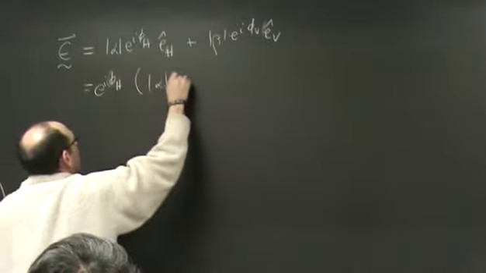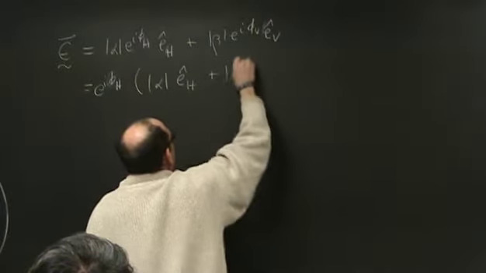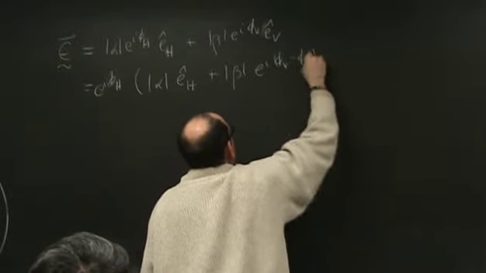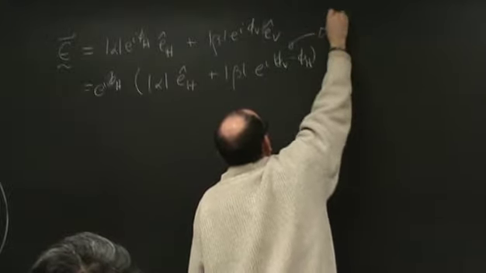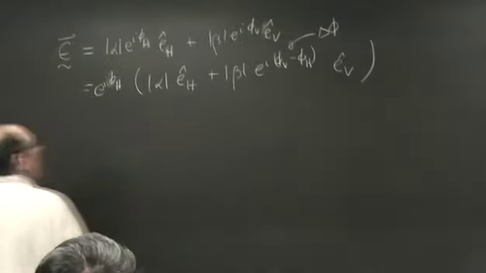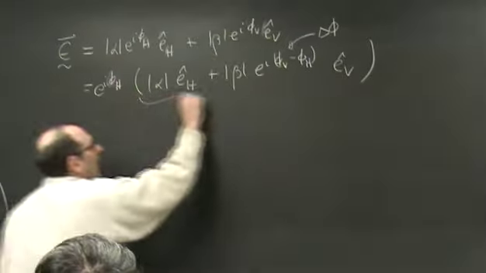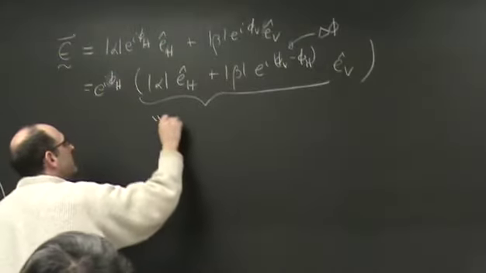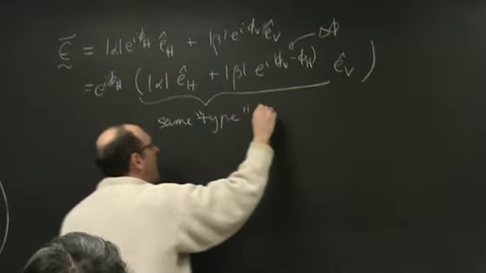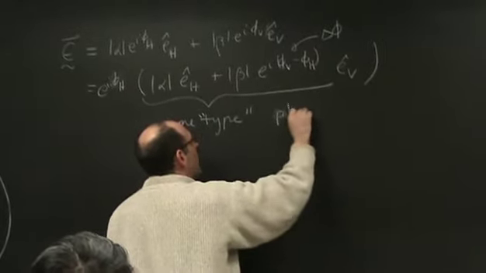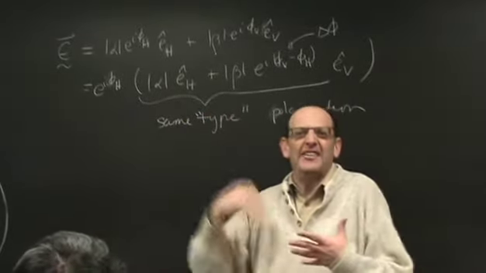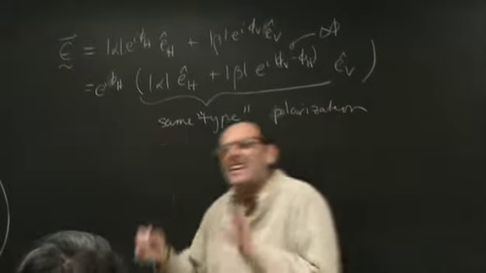Let's say I factor out that component. This object is the same type of polarization. In other words, how I characterize the polarization doesn't depend on the overall phase of this complex vector, in the same way that in quantum mechanics, the overall phase of the wave function doesn't matter. It's kind of like that.